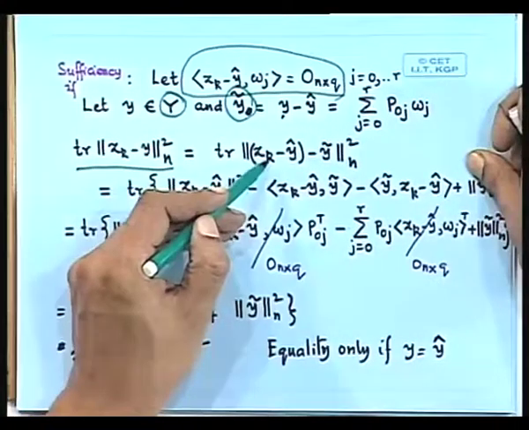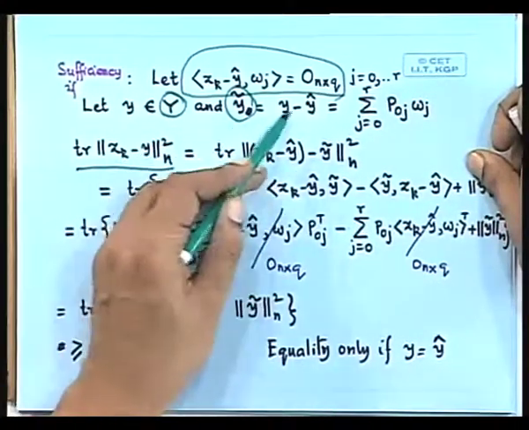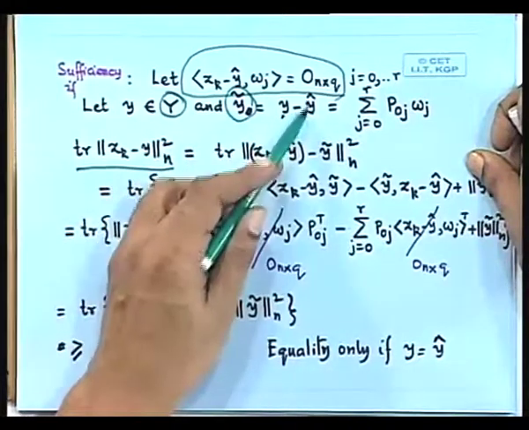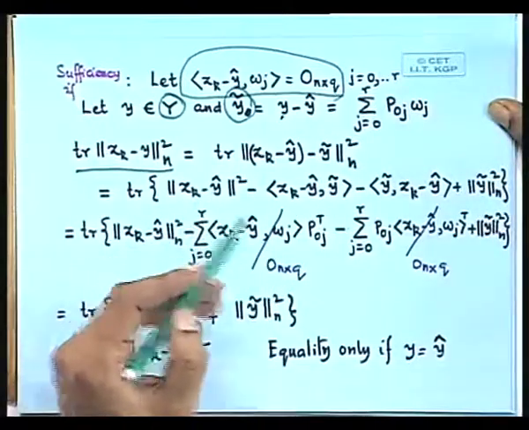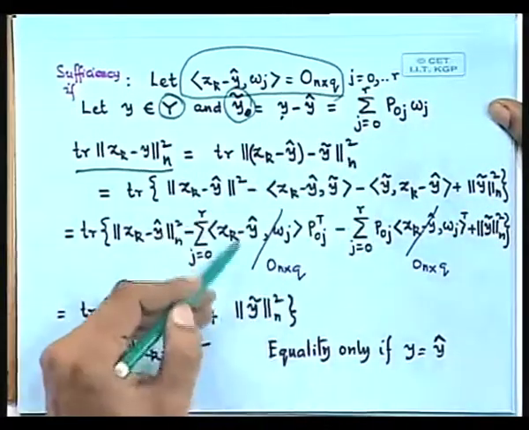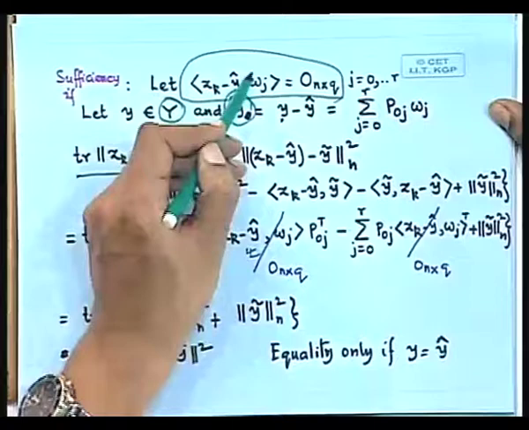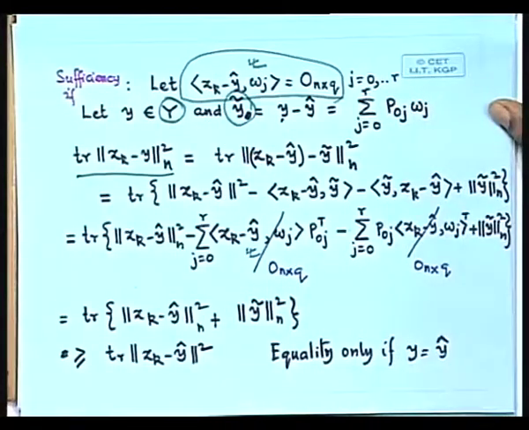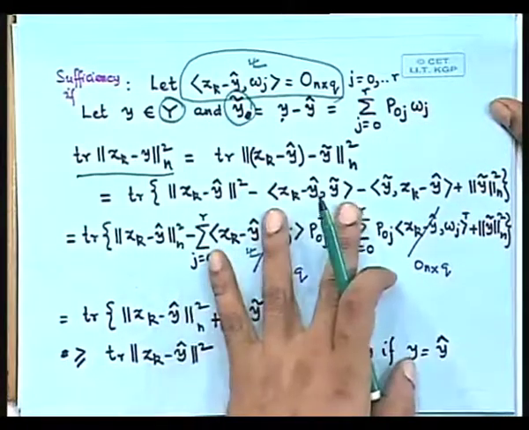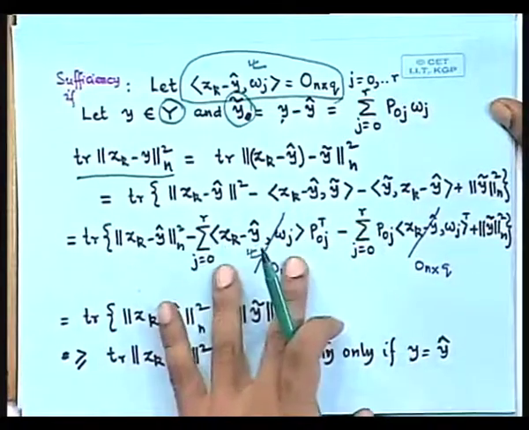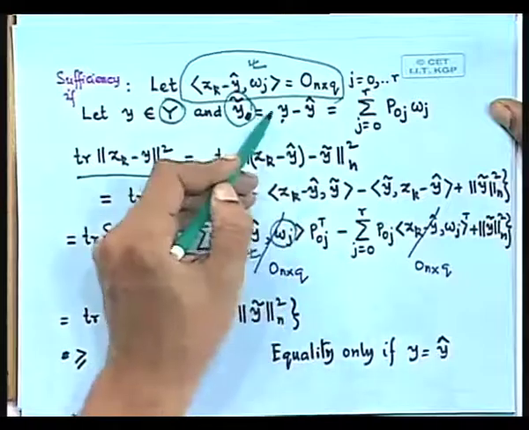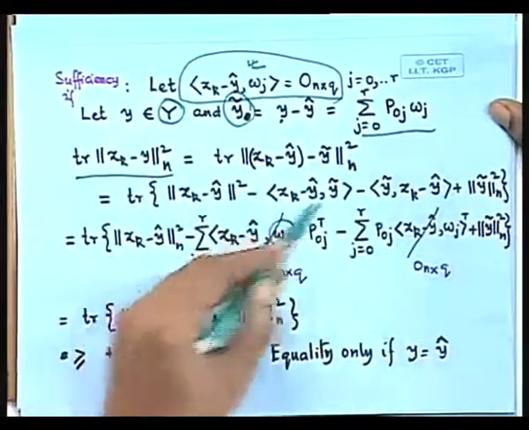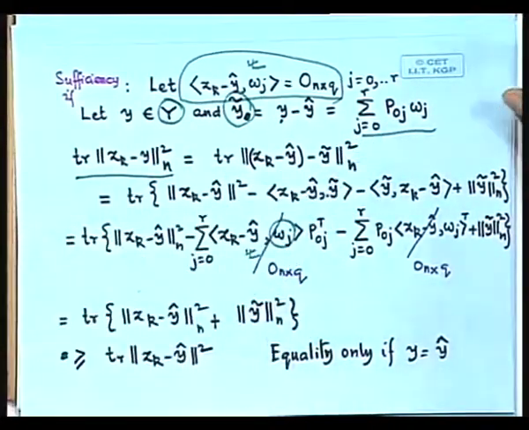And now simply calculate this. So again, same thing, write it as y is equal to y tilde plus y hat, and then again break it up. It turns out that, since y tilde is, see, now you are using this property which you assumed. So this inner product can be written as a sum of inner products with wj, because y tilde is this. So you just substitute this thing here and then calculate the inner product.